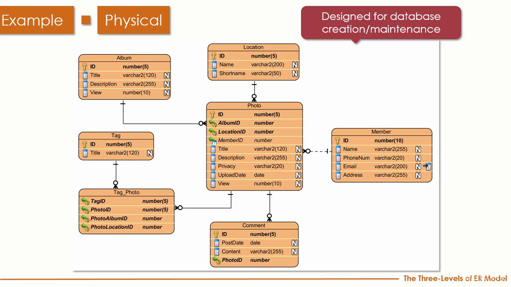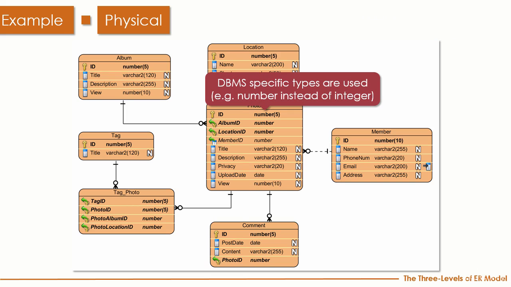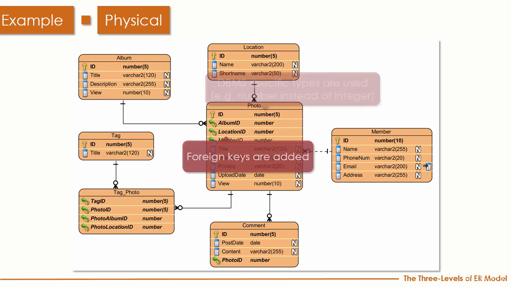The physical database is for creating and maintaining the database in the long term, and we will change to use the specific types of the database. Like if we were using Oracle, we will use number instead of integer. And the foreign keys are added.